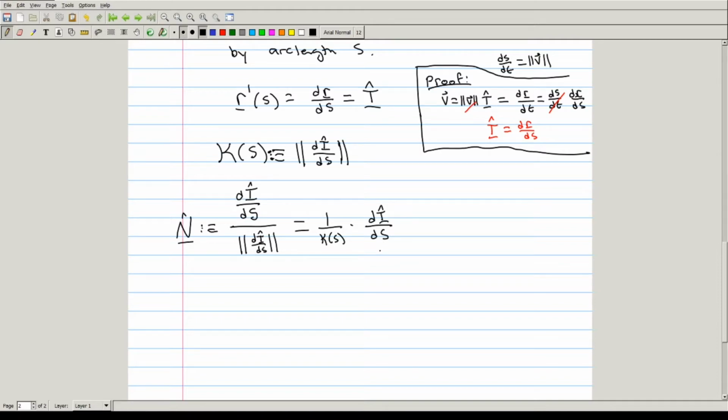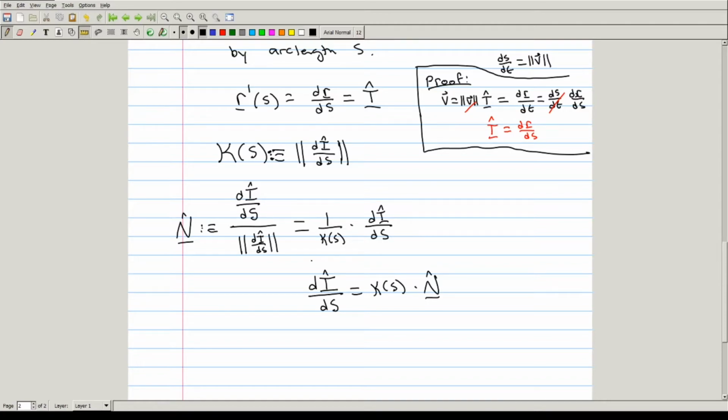And so if we just multiply both sides of this expression by the curvature as a function of s, we have that an alternative description for the derivative of the unit tangent vector with respect to arc length is the curvature function multiplied by the unit normal vector.